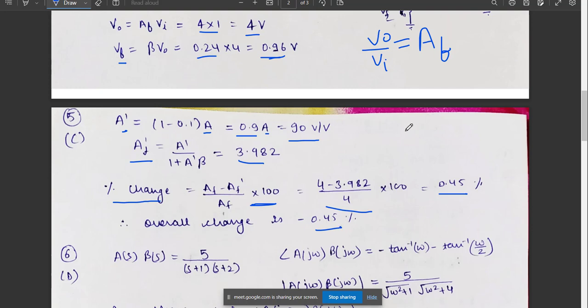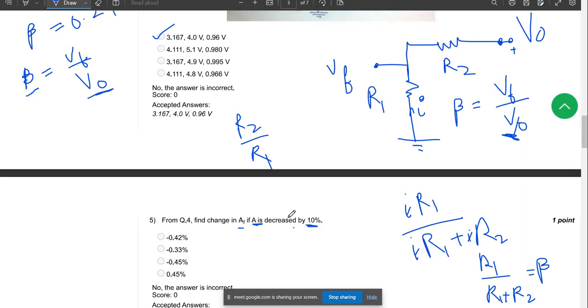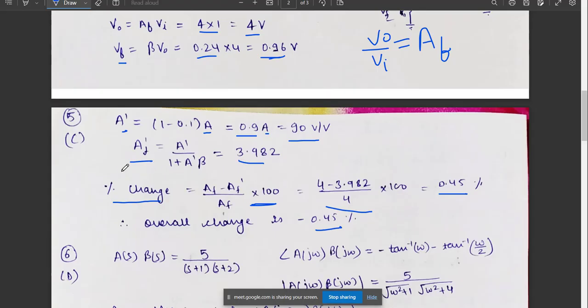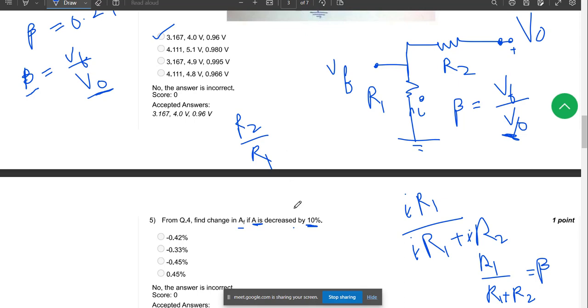So what inference we got from here is that if we are changing the open loop gain by 10%, even then the total closed loop gain is only decreasing by 0.45%. Are you getting?